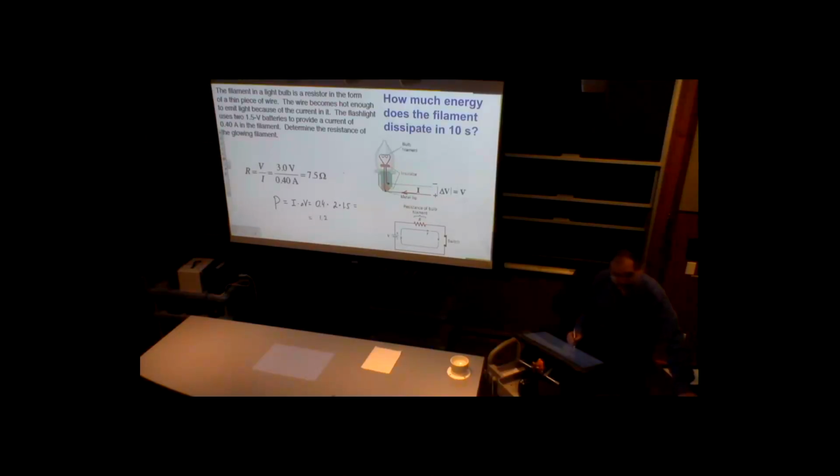The unit of power is watts, and the amount of energy or work done inside that filament should be equal to power times time. Power times time, 1.2 times 10 seconds. If we had minutes or hours, we would have to convert it into seconds. So 1.2 times 10, 12 joules.